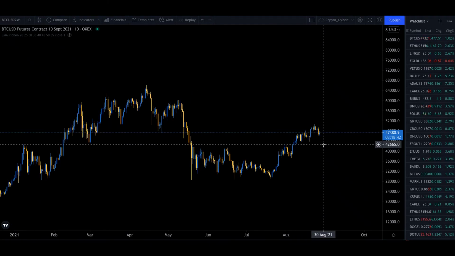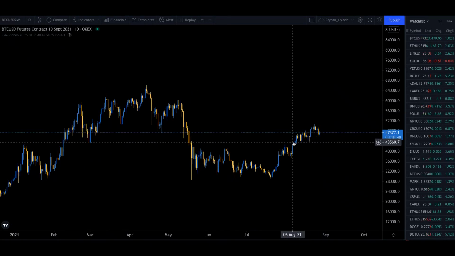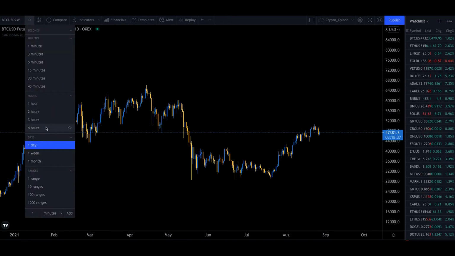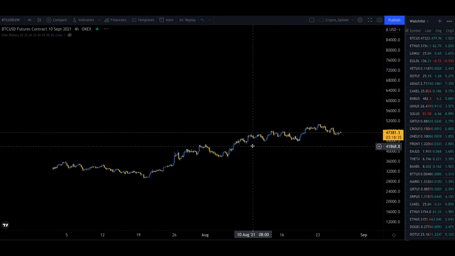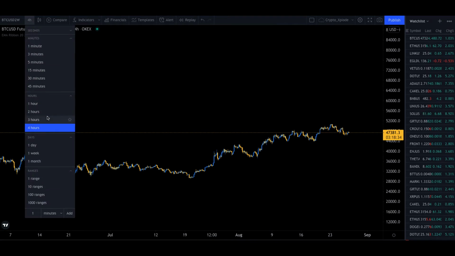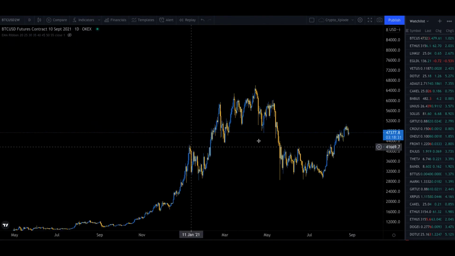Maybe you will go to the 4 hour chart just to find an entry, then you will keep looking at the daily. So this is how we do it.